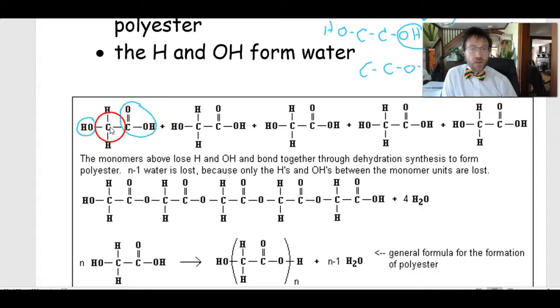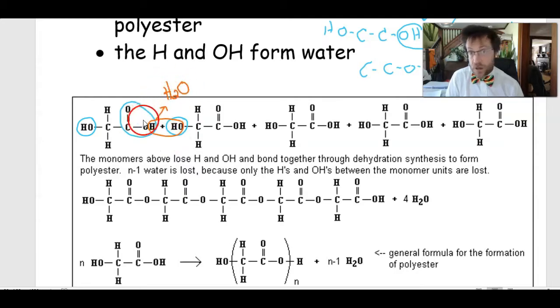And so you put them in a beaker, you shake them up, and when the acid end bumps into the alcohol end, you get two hydrogens and one oxygen very close to each other. And that makes water. Because remember, anytime you take two hydrogens and an oxygen, you're going to make water because it's super duper stable and nature loves that.